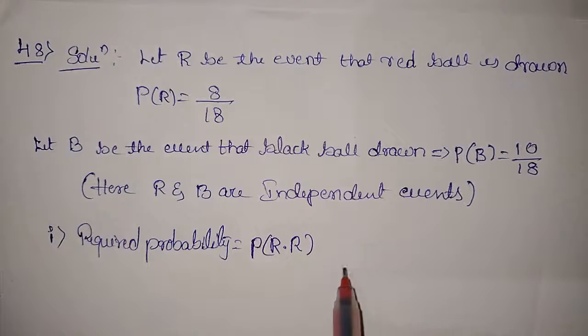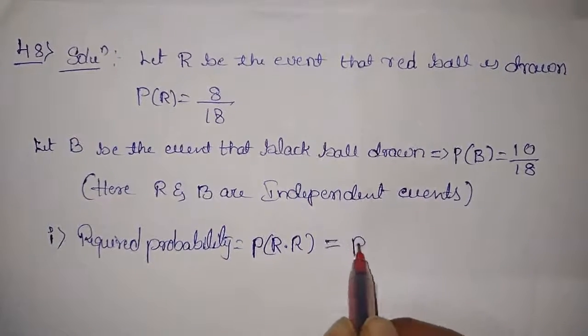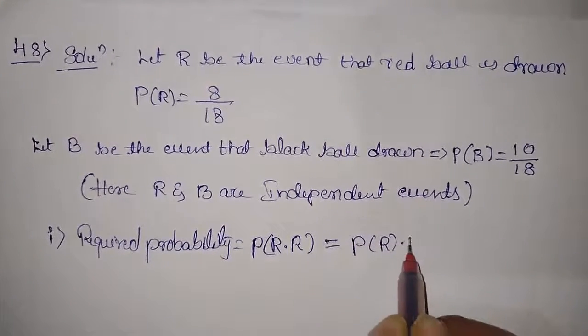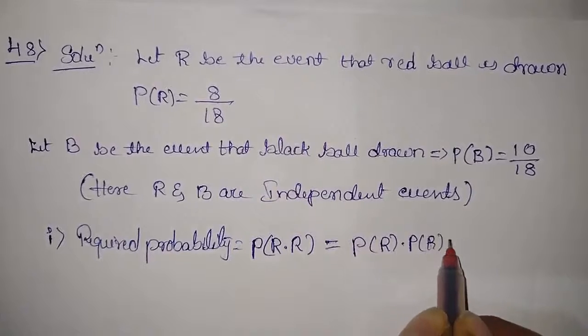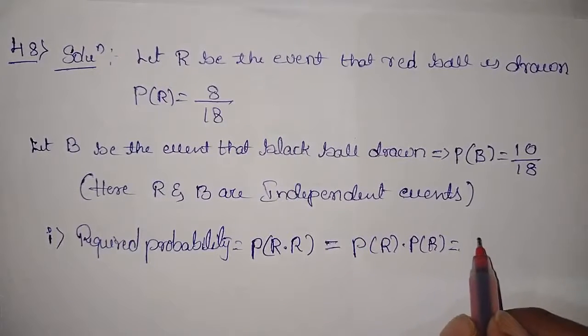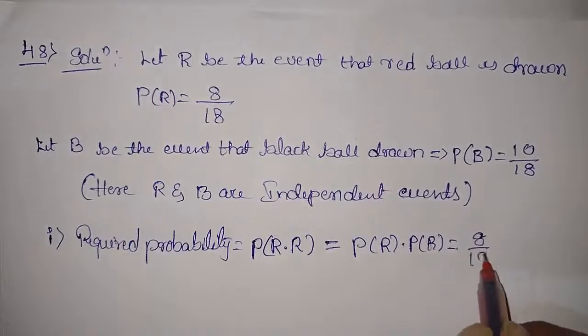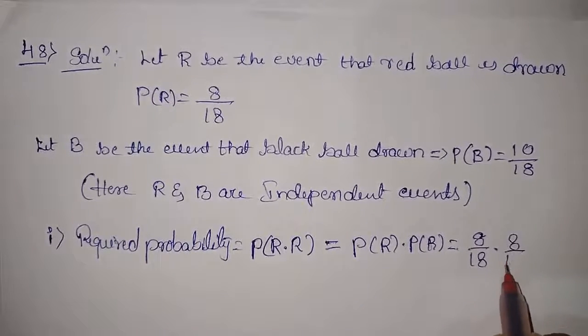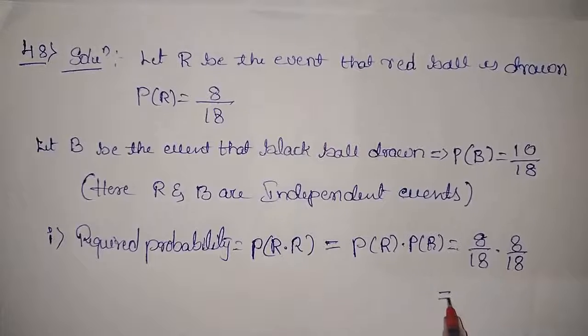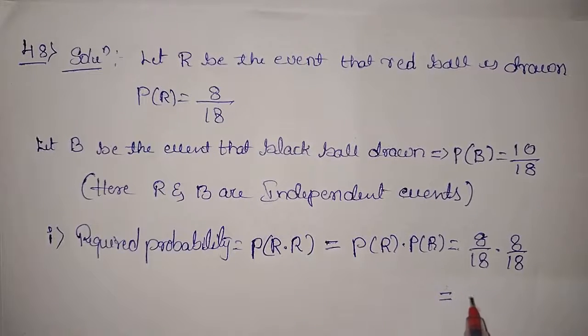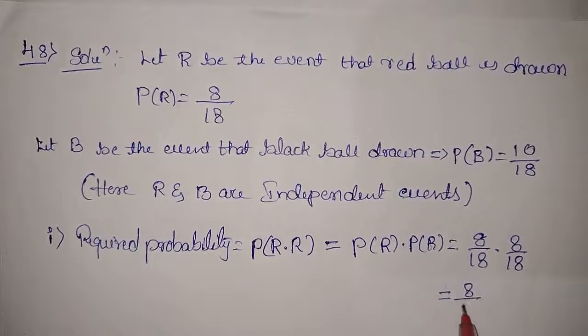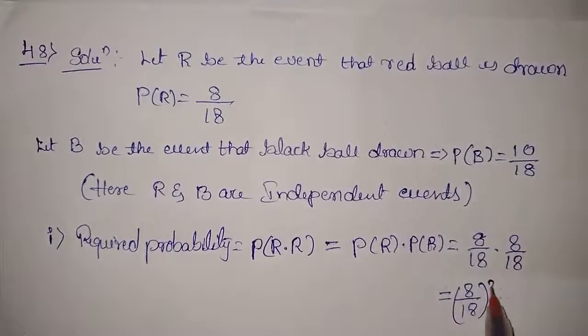So P of R into P of R, that is 8 by 18 into 8 by 18, which can be written as 8 by 18 whole square.